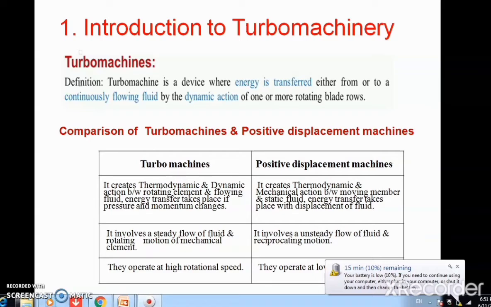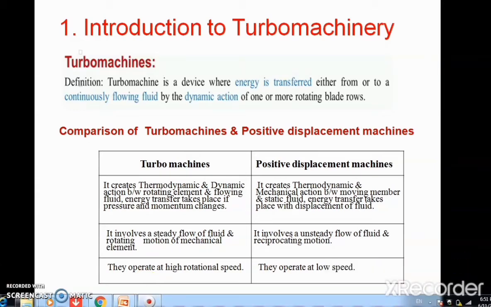Second difference: turbo machines involve steady flow of fluid and rotating motion of the mechanical element. Steady means continuous fluid flow. While in a positive displacement machine, if you remember the piston cylinder arrangement, the piston has a suction stroke and a delivery stroke.